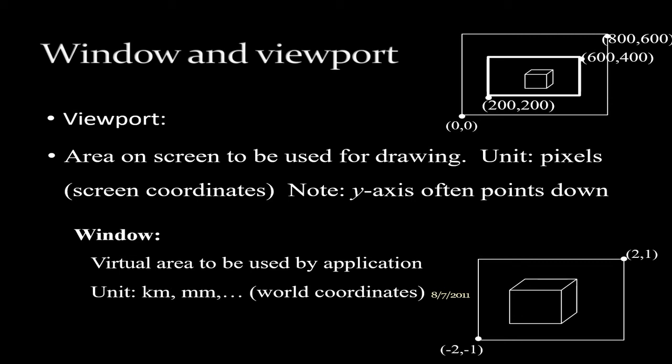Because whenever we are seeing it in a window, it can be 0,0 and 800,600. These are xw min, yw min, and this is xw max, yw max, and this is xv min, yv min, and this is xv max, yv max.